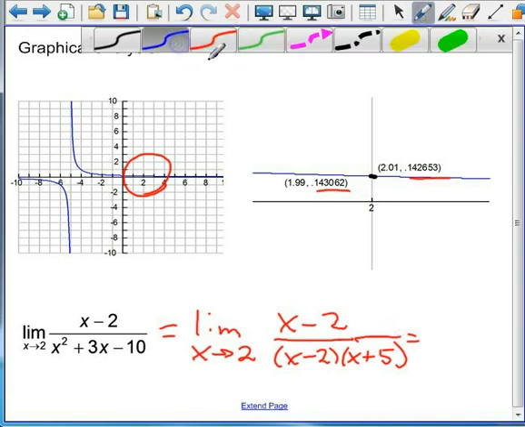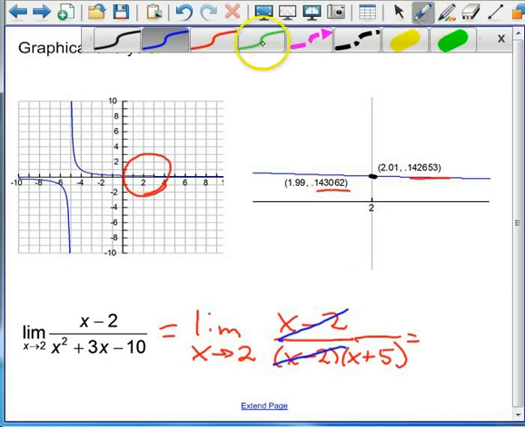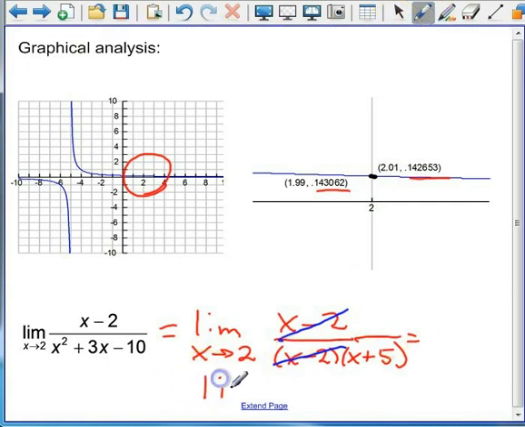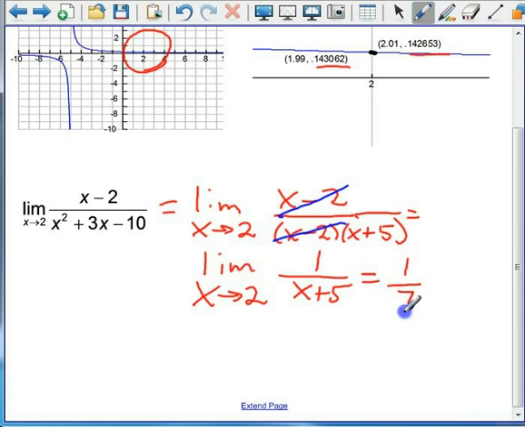The x minus 2's cancel, and I am able to reduce this to the limit as x approaches 2 of 1 over x plus 5, which is equal to 1 over 7.